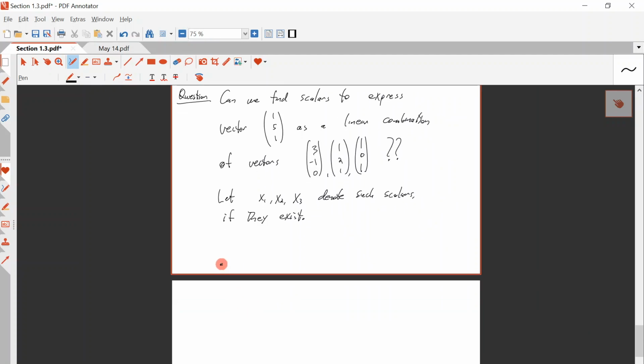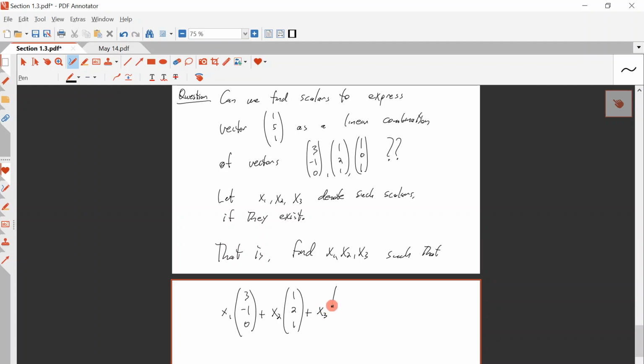So find x1, x2, x3 such that x1 times (3, -1, 0) plus x2 times (1, 2, 1) plus x3 times (1, 0, 1) is equal to (1, 5, 1).